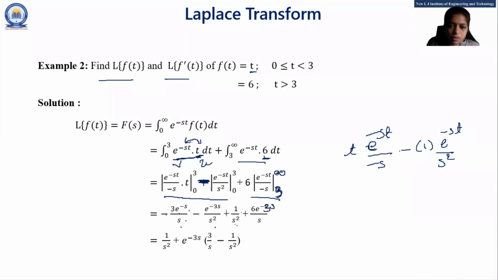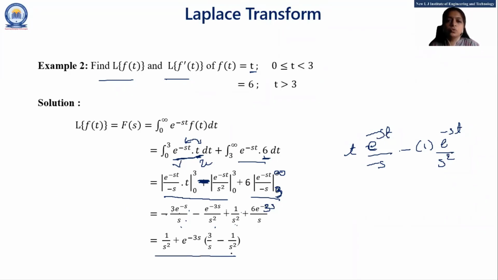This one is not only s, it is 6 e raised to minus 3s upon s. So this is the answer of the final simplification, the answer of Laplace of f of t.